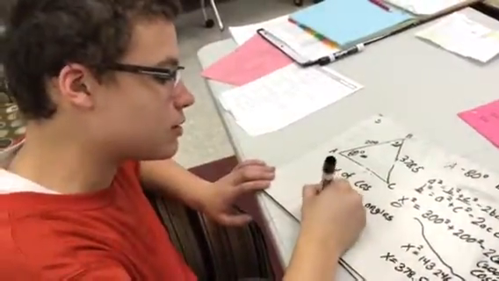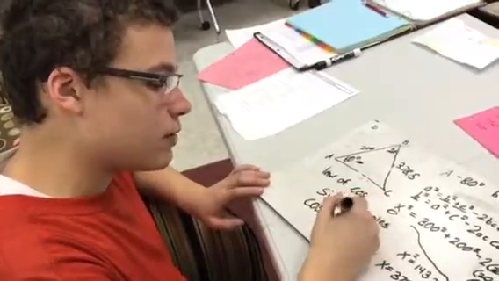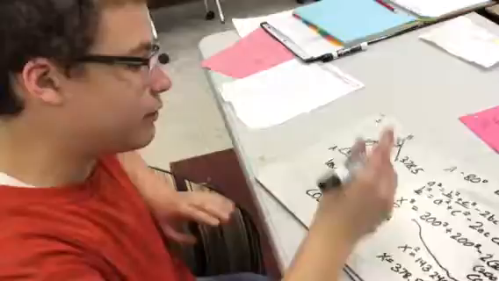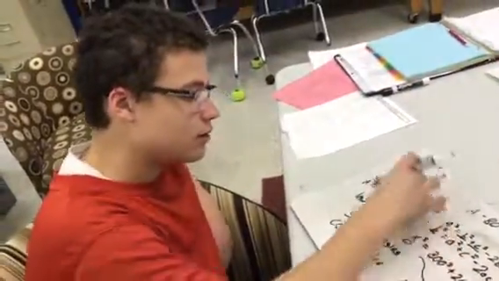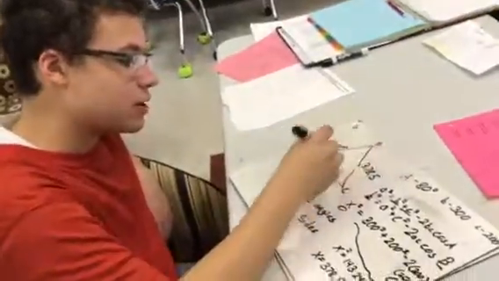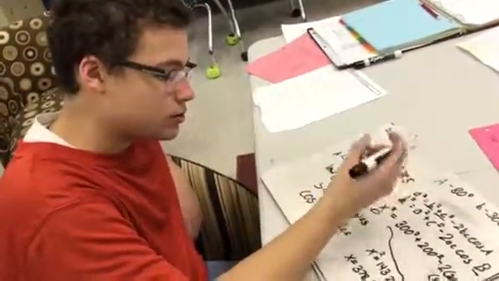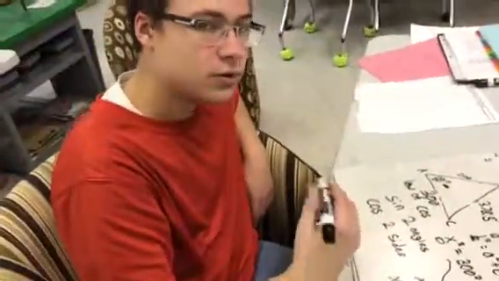For cosine, you have to have two sides instead. And if you don't, you wouldn't be able to use it. And you can't use sine either, since you don't have two angles, and the formula would require two angles.